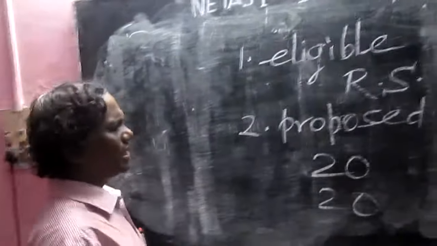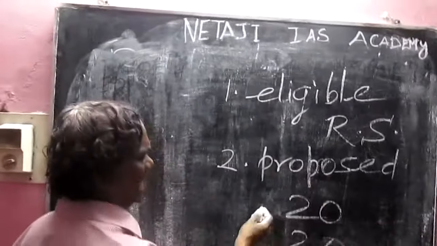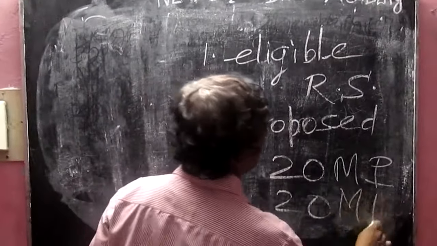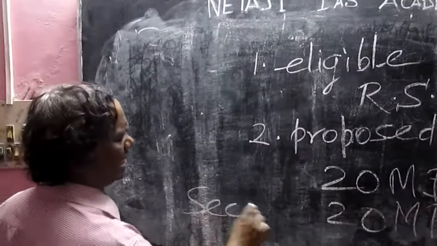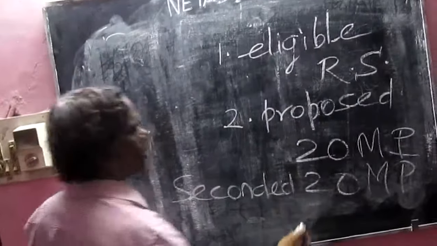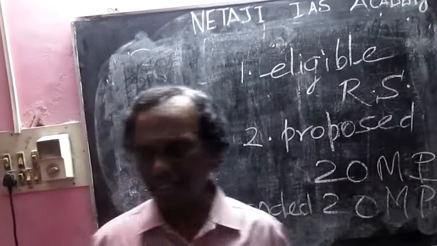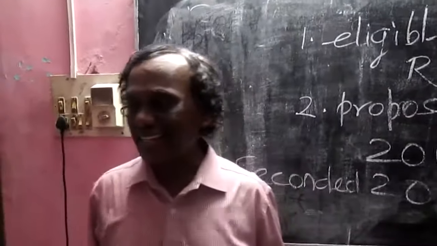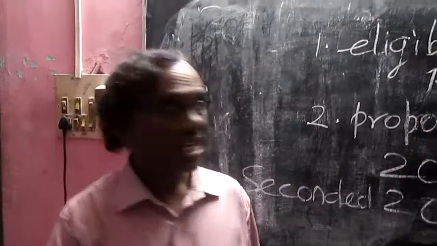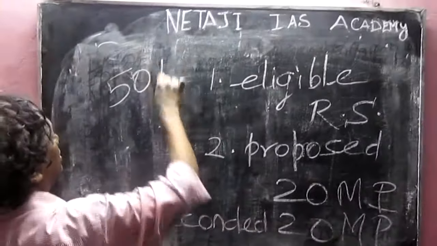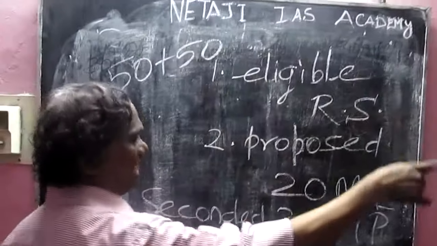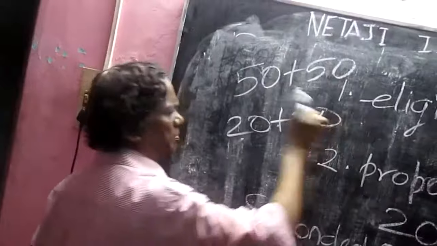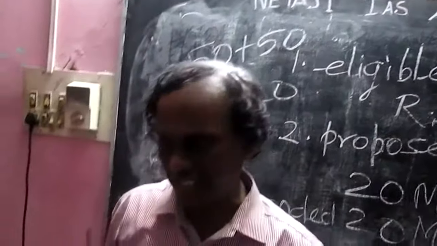Number two, he should be proposed by at least 20 members of parliament and seconded by 20 members of parliament. What we understand? In the presidency election, 50 plus 50, 100 members should sign to contest. In the VP election, 20 plus 20, 40 members should sign to contest the election.